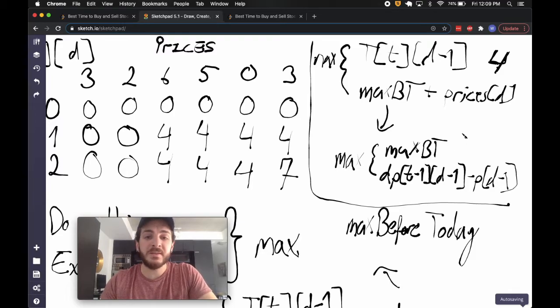So this whole thing would evaluate to 4, plus prices of D, which is 3, so plus 3, and we'd get 7. Basically telling us that we would have to purchase at 0 and sell at 3.